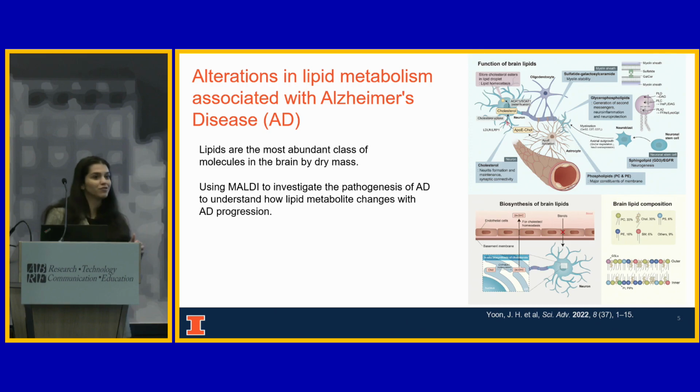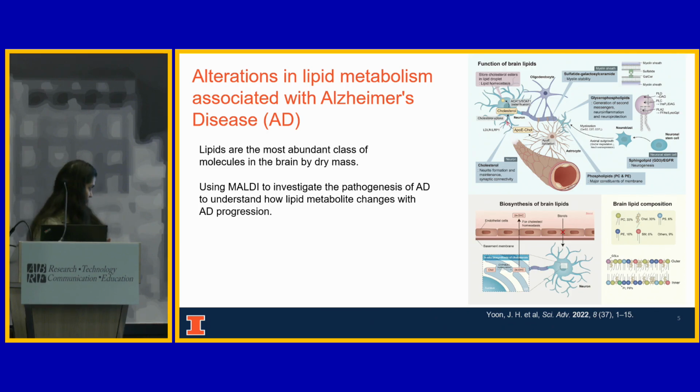They are one of the most abundant classes of molecules in the brain by dry mass, and they have a lot of physiological significance in the brain, which makes it an area that we are very interested in probing.